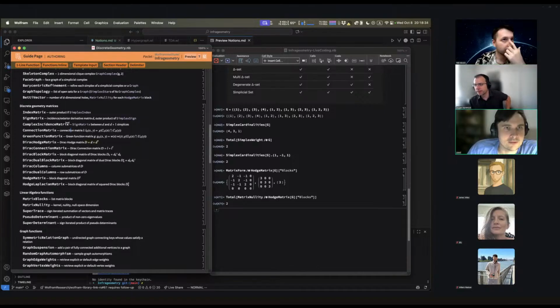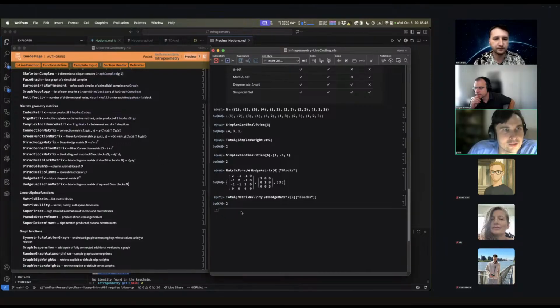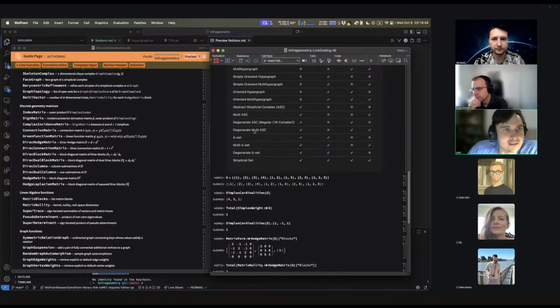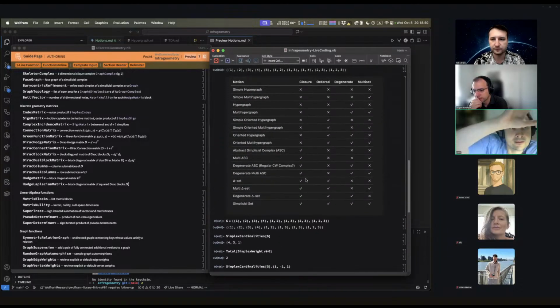Maybe I can comment on that. What is this Hodge matrix? If you have a delta complex where you have boundary operators, an operator associating to a simplex the sum of its boundary simplices: in a delta complex, for an n-simplex you have 0 to n boundaries, and you have boundary maps.